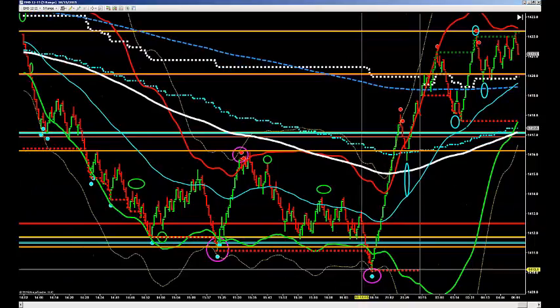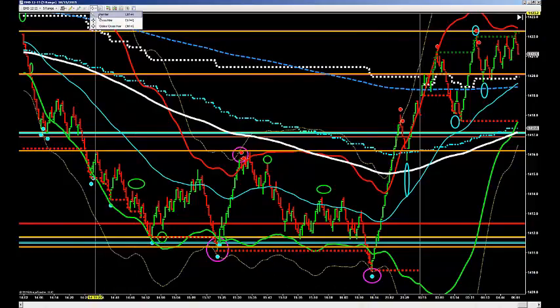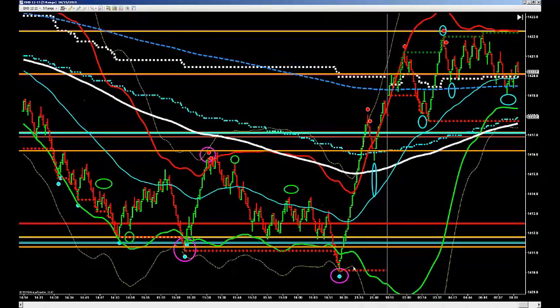Notice I put a fuchsia colored ellipse around that one. And what I wanted to show you, I've got a typical 2 standard deviation Bollinger Band, red upper and green lower. And just something to be aware of, this little yellow dashed line, that is a 3 standard deviation Bollinger Band.